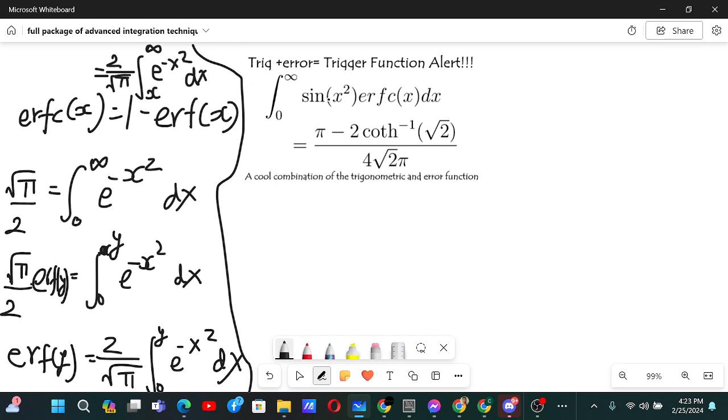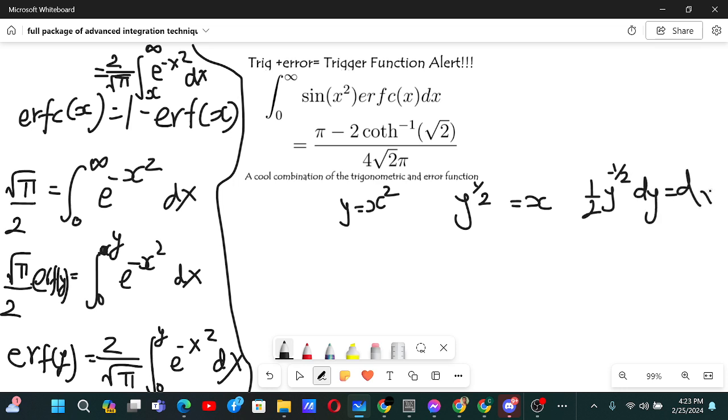First of all, let's simplify this by assuming y as x squared. That gives us y to the power 1 by 2 equals x, and 1 by 2 y to the power minus 1 by 2 dy as dx.